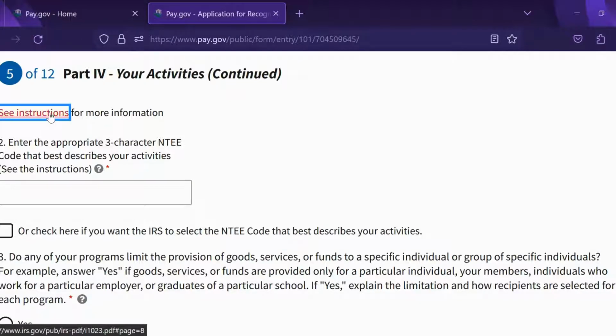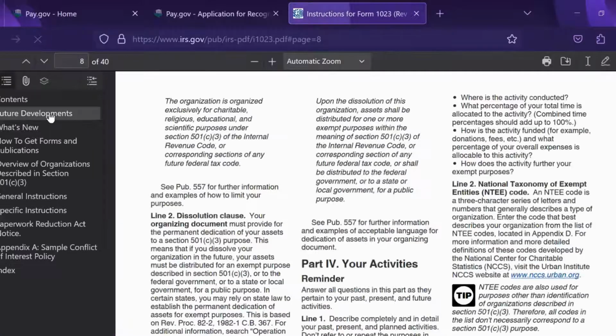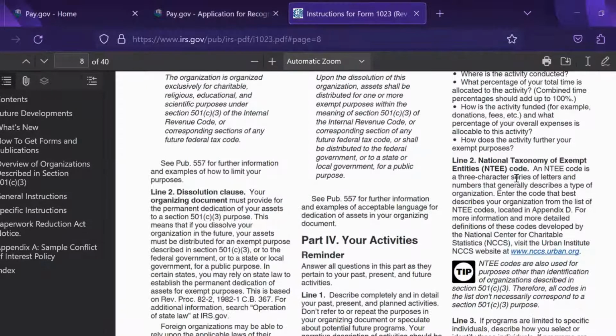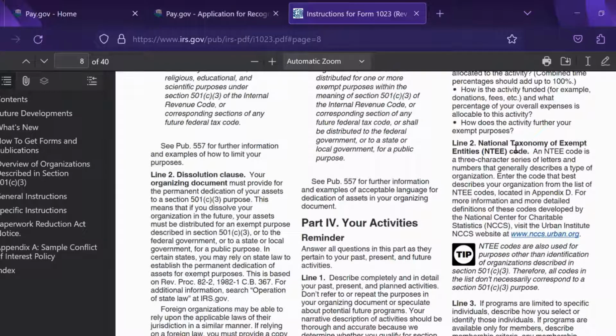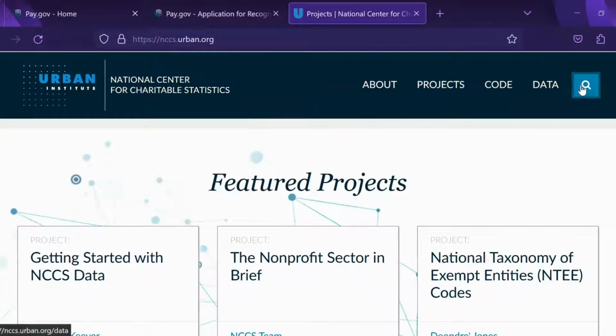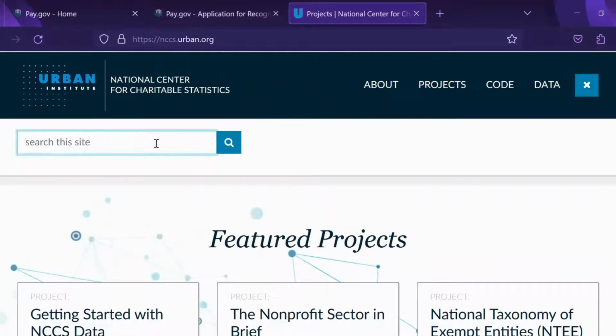Let's go to the instructions. And the NTEE code, you can see we have line 2, National Taxonomy of Exempt Entities, NTEE code.